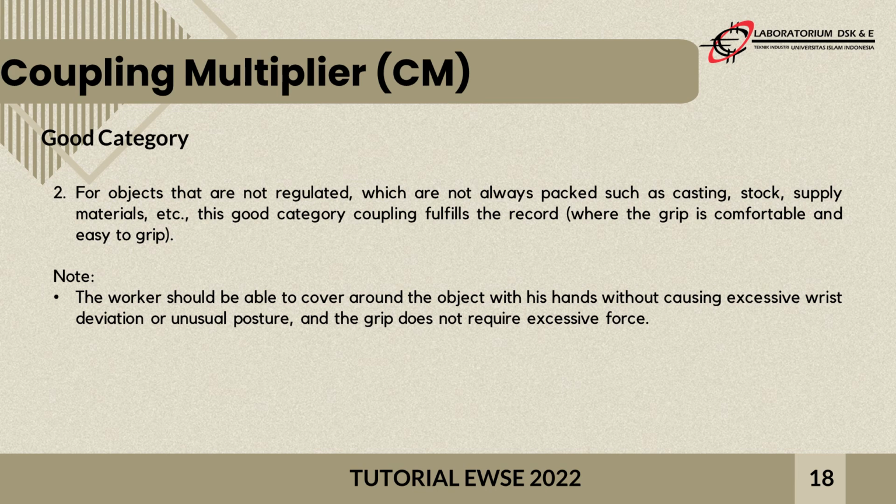And for objects that are not regulated, which are not always packed, such as casting, stock, supply, materials, etc., this good category coupling fulfills the record, where the grip is comfortable and easy to grip.